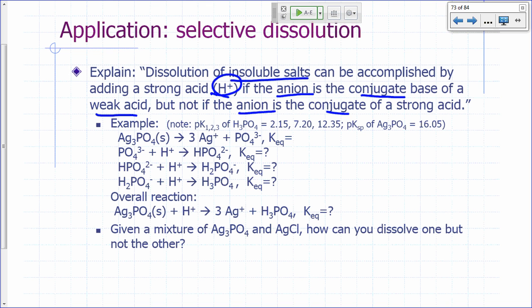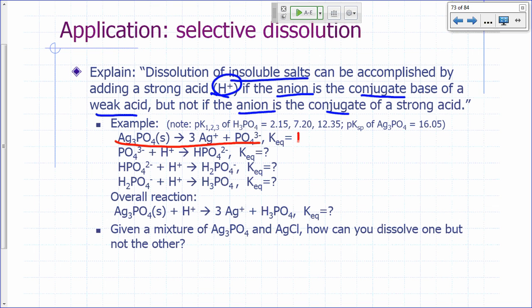Let's illustrate that with silver phosphate. If you add acid to silver phosphate, you'll find that it is going to be soluble in the acid. So here's the expression for the dissolution of silver phosphate in water. Silver phosphate gives you 3 silver ions plus phosphate ions. What do you call the KEQ for this? Solid going to solution.